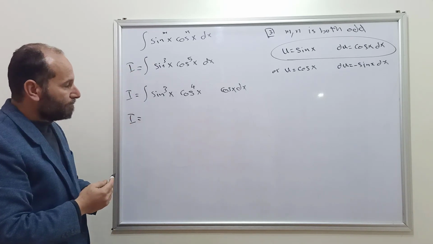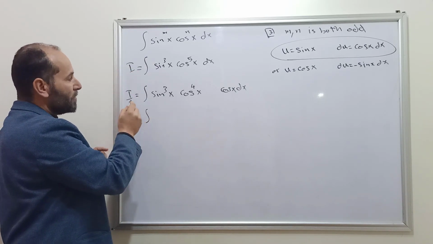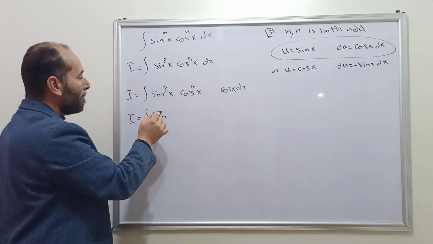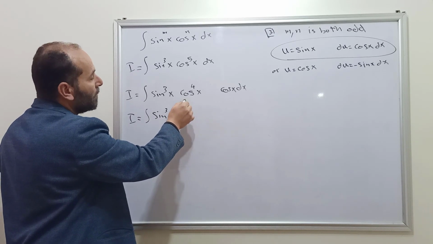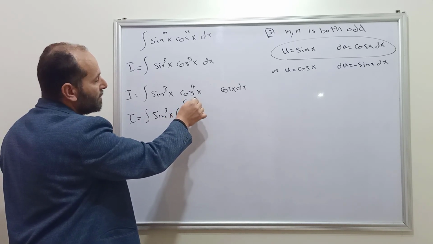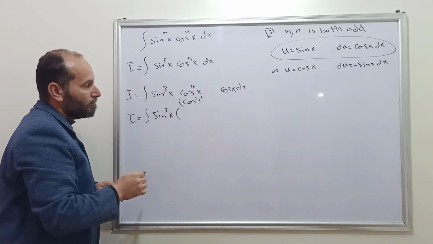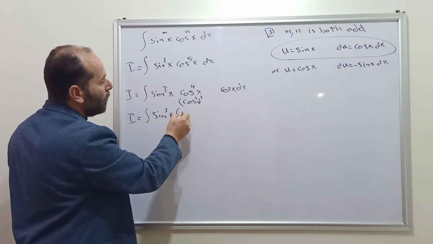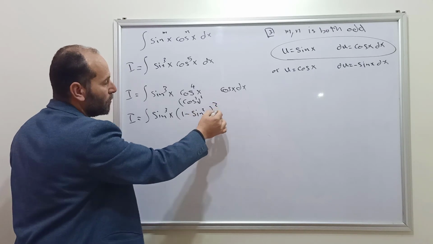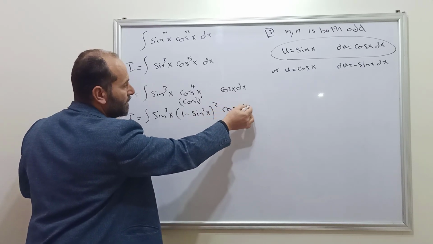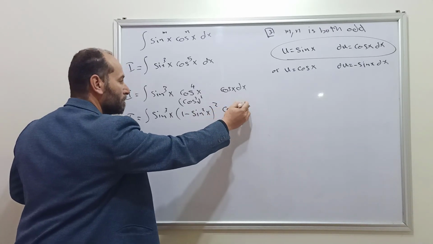So I equals the integration of sine power 3 x times cosine squared x all squared, which equals 1 minus sine squared x all power 2, cosine x dx.